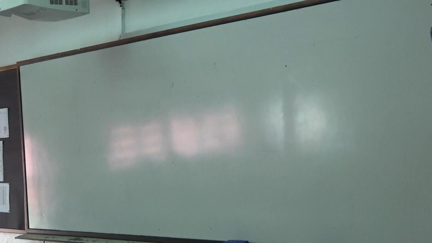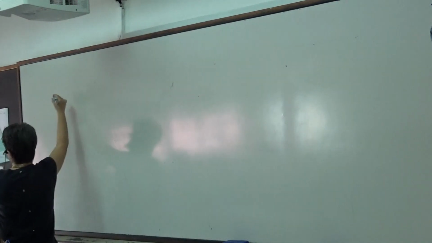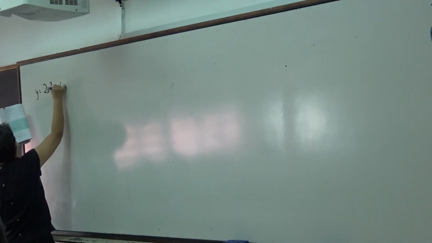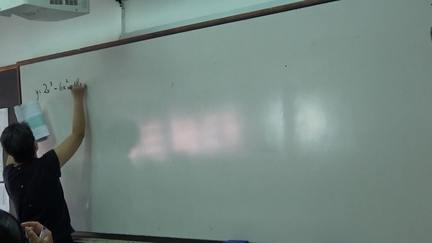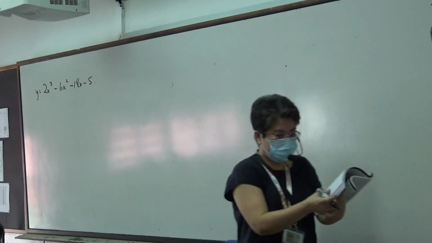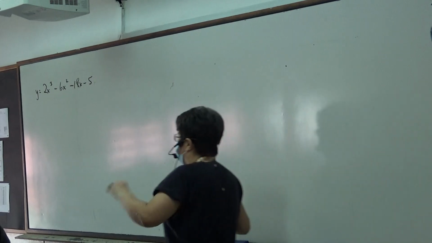All of you look up first. 2x cubed minus 6x squared minus 18x minus 5 has 2 stationary points. They tell you it has 2 stationary points.